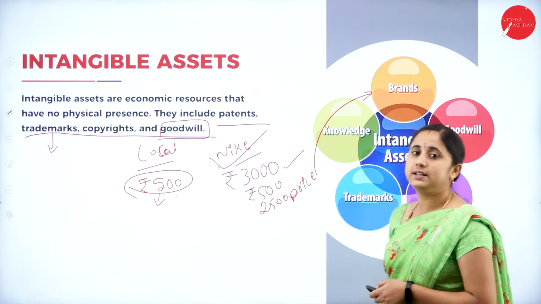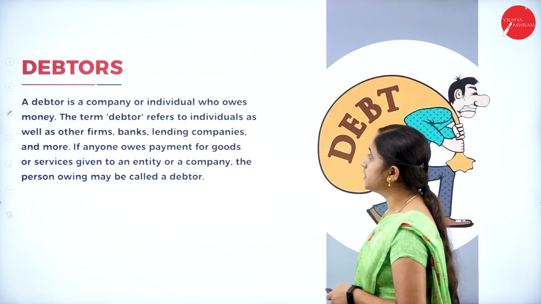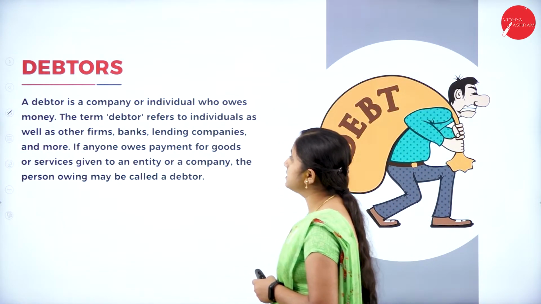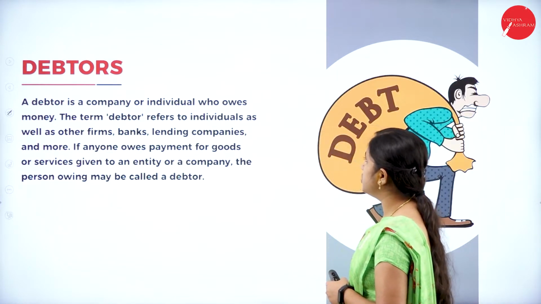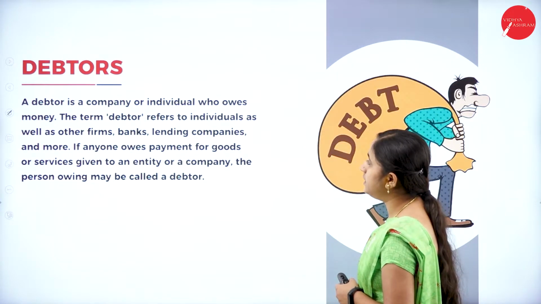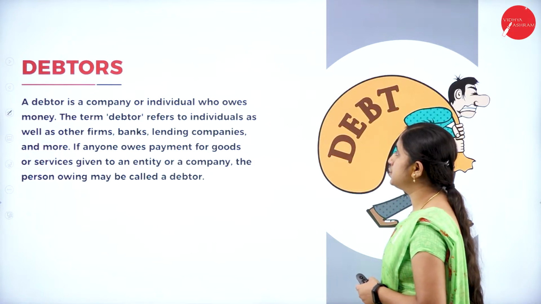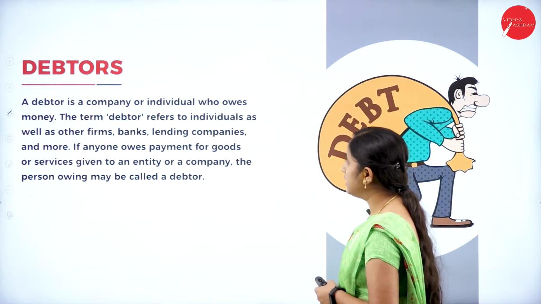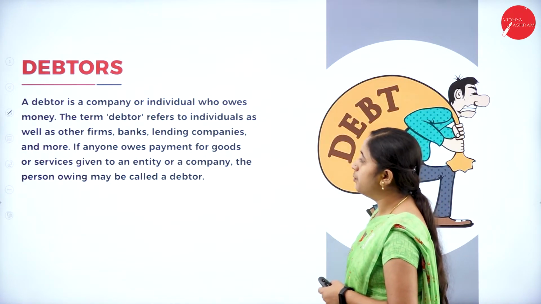This is all about intangible assets. Next, debtors. A debtor is a company or individual who owes money. The term debtor refers to an individual as well as a firm, bank, lending company or more.